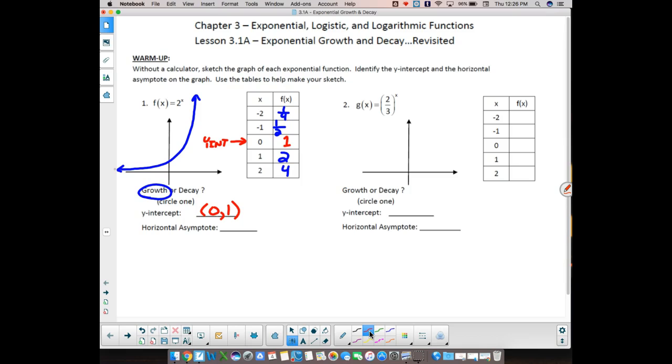Now, logic questions. We have a positive number to an exponent, and that exponent is what is changing. Can the output of that function ever be negative? Can I take a positive number to an exponent and get a negative value? No. Can I get 0 as an output? No. It's always going to be something.